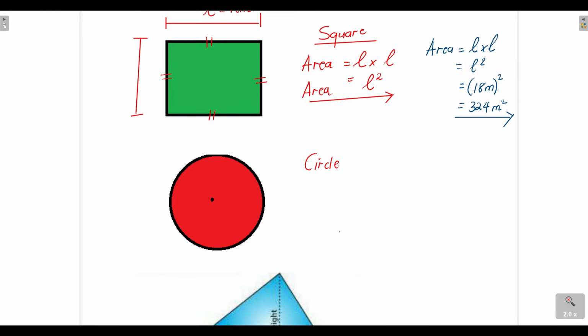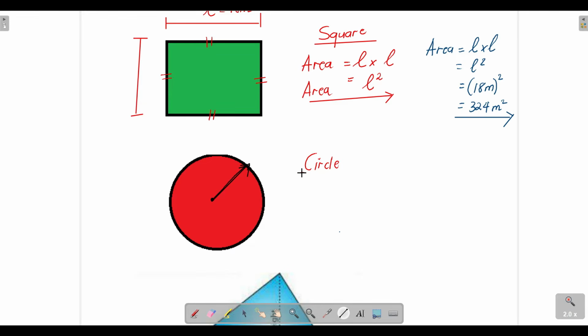Let's say, for example, you are given the radius of a circle. We know the radius is defined as the length of a line from the center of a circle to the outer part of our circle. From the center to the outer part, that is defined as our radius.